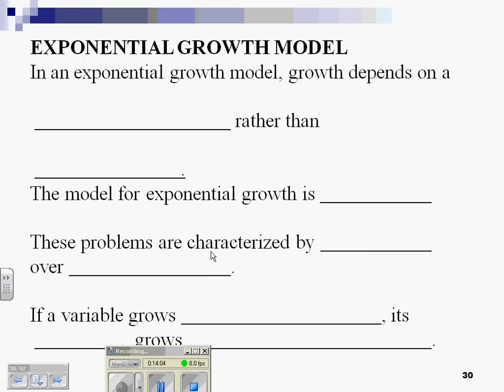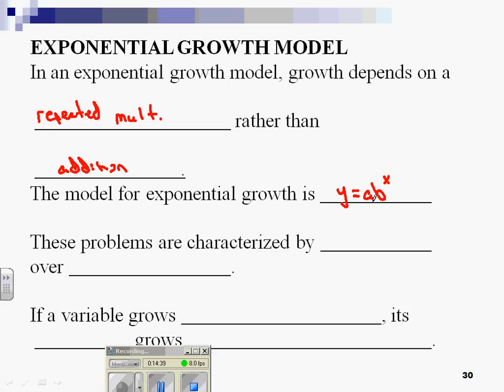Exponential growth model. What is the major difference in an exponential growth model? Let's see, in an exponential growth model, growth depends on repeated multiplication rather than addition. The model for exponential growth is y equals a b to the x.